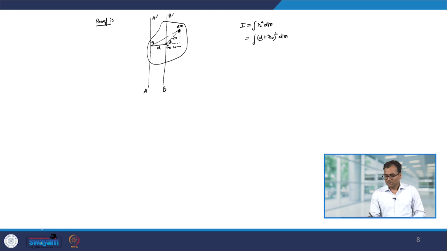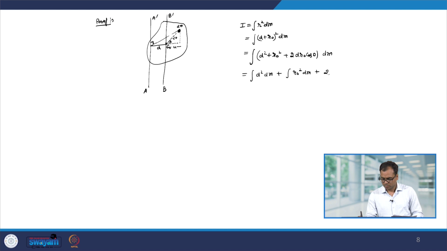In that case, for this geometry I can write this down as integral of d square plus r naught square plus 2 d r naught cos theta into dm, or I can write this down as integral d square dm plus integral r naught square dm plus 2 d into r naught cos theta, which is nothing but u.